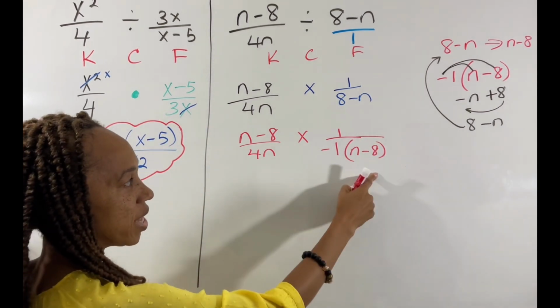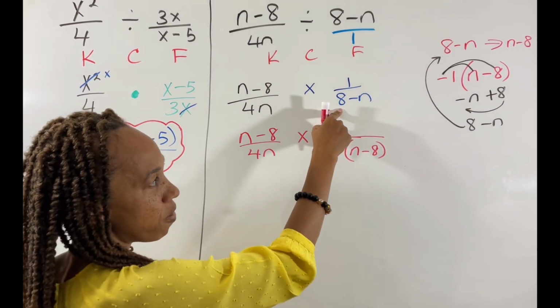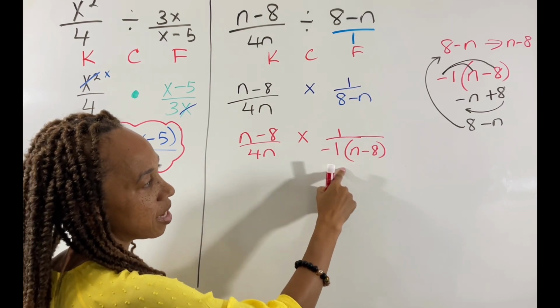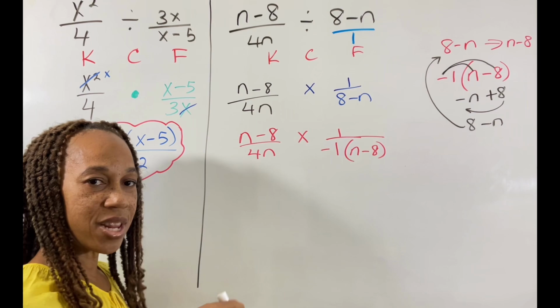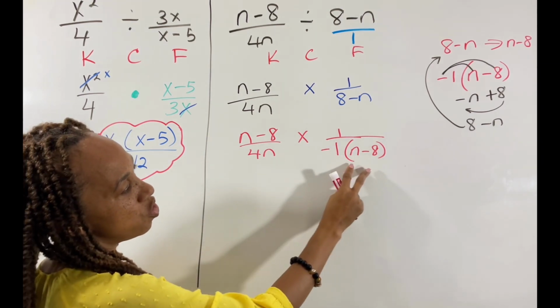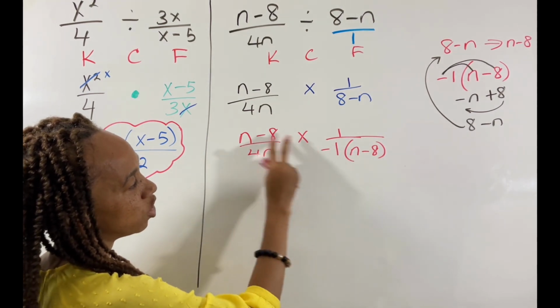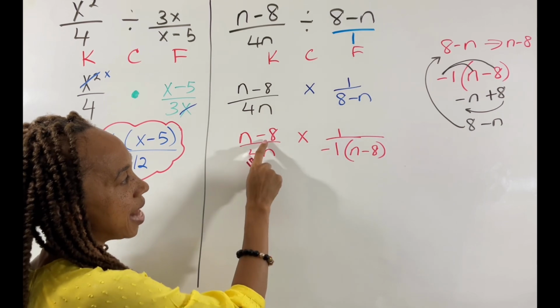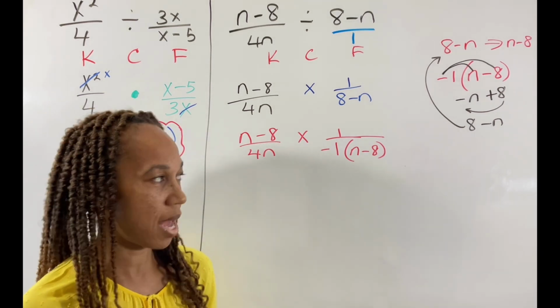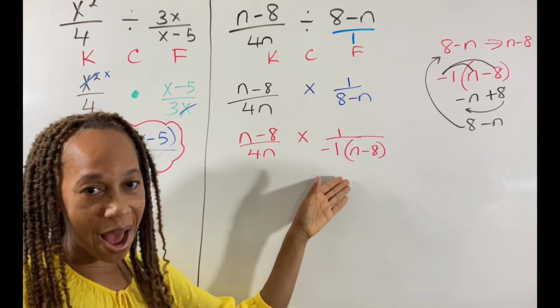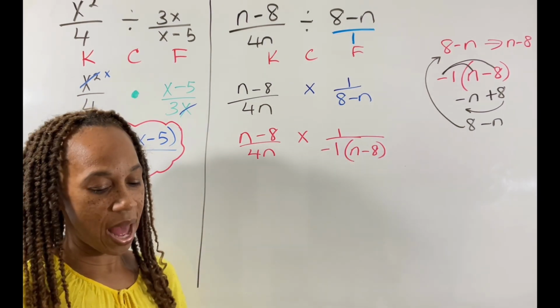You must do this. Notice it's coming from this, you're just switching it, taking out your negative 1, factoring that out so that you can end up having the two factors looking the same. And that's only because you have the factors looking pretty much the same, but they're not exactly a match. So now they are literally a match.